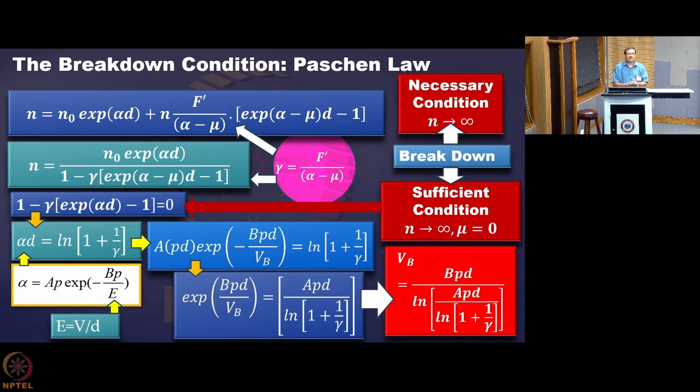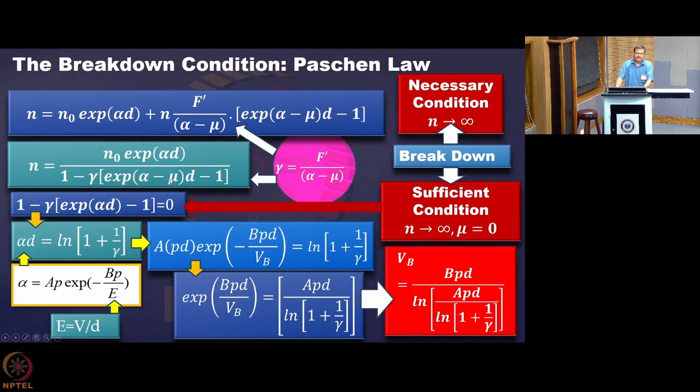So now what do you want actually? This is the total number of electrons which are reaching the anode, and for breakdown we want n to be infinite. Okay. So at this point we will make some approximation. To make n infinite, we need this denominator to be 0 actually. So something divided by 0 will be infinite, and in doing so, what help are we taking?